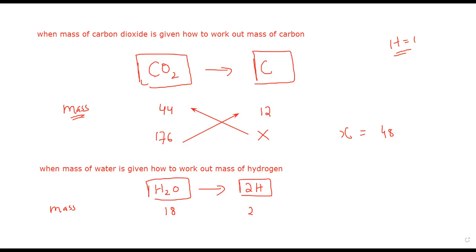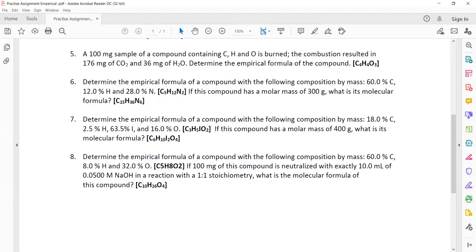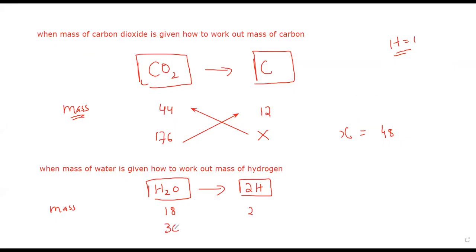And in the question, how much water is given to us? We have 36 milligram of water. So if we have 36 milligram of water, how much hydrogen will be there? X, the mass of hydrogen, using the mass of water.